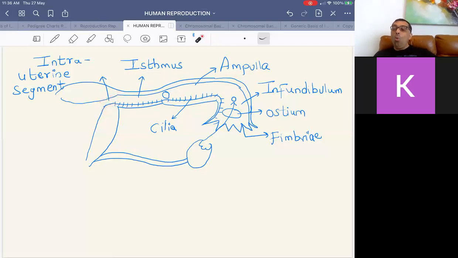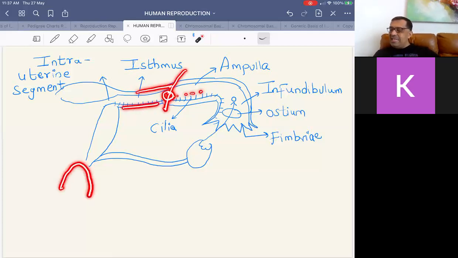And so what will happen? If you remember, the egg is sucked into the fallopian tube. Now, if the egg starts moving with the help of cilia, the egg is in the ampulla, more specifically at the junction of the ampulla and the isthmus.